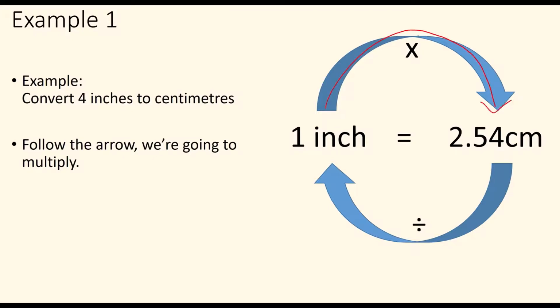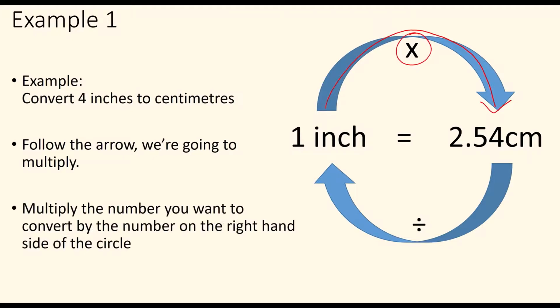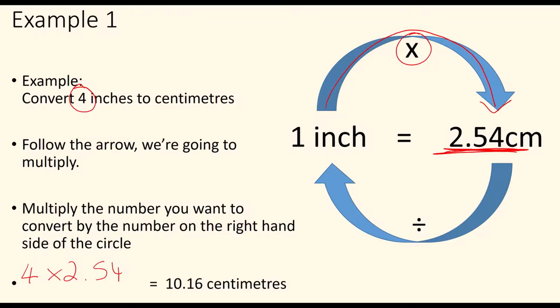Oh yes, we are definitely going to multiply. Multiply the number that you want to convert, which is this. This is the one we want to convert. I'm going to multiply it by the number on the right hand side of the circle. So that's 4 times 2.54, and that equals 10.16 centimetres.